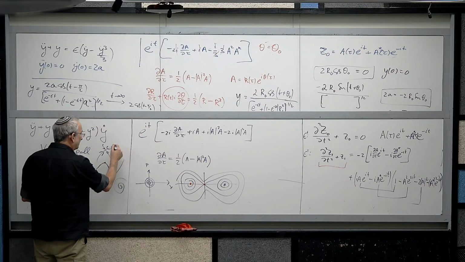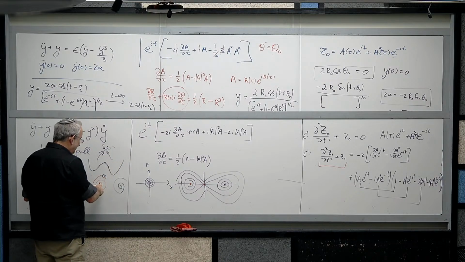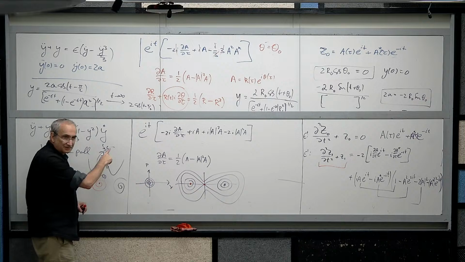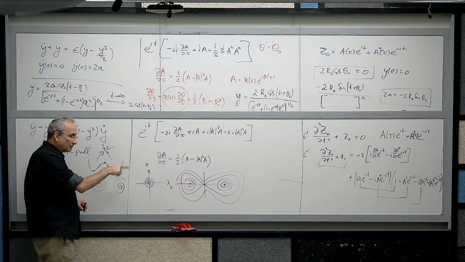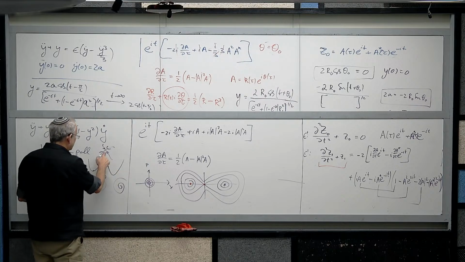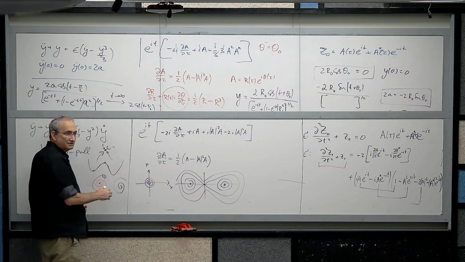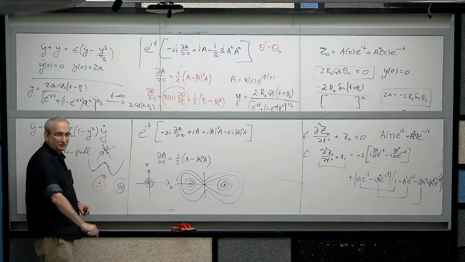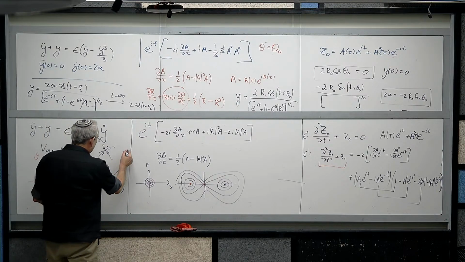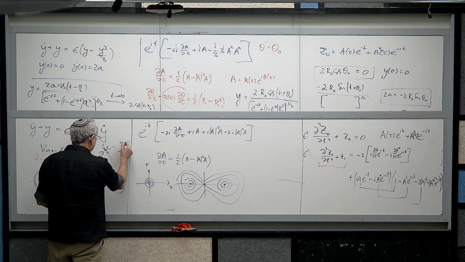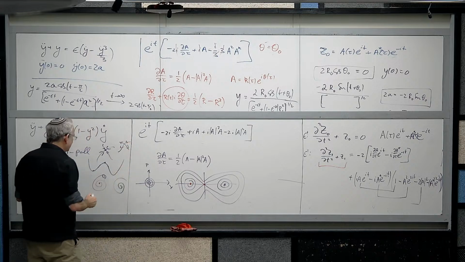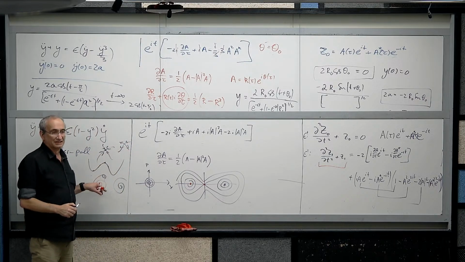This is like underdamped oscillations. You are still doing oscillations, but they are getting smaller and smaller in amplitude. This is an overdamped oscillation. You just go directly to the fixed point, and you may have also something like that. But these all are fixed points.